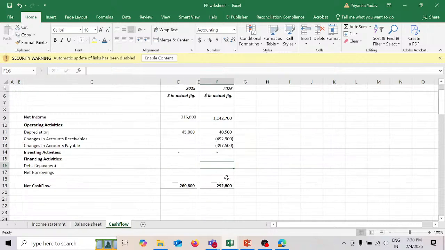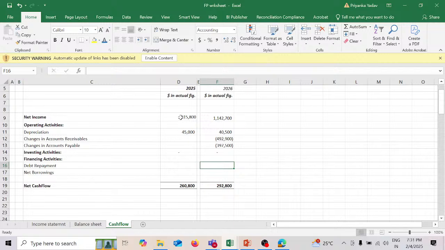Now since this is also linked, this is the indirect cash flow statement. The indirect method starts with net income, which is taken from the income statement, and it adjusts for non-cash expenses and changes in working capital to calculate net cash flow from operating, investing and financing activities.